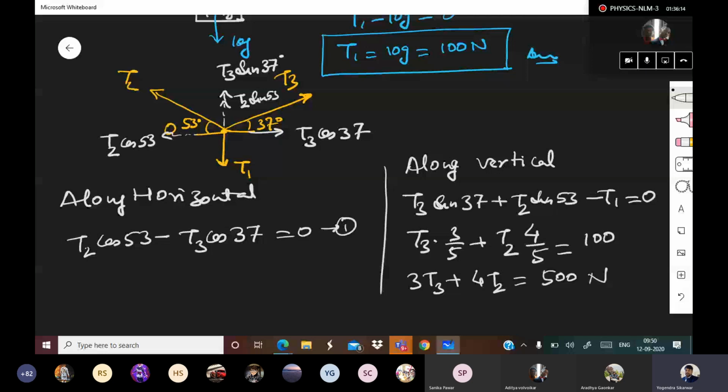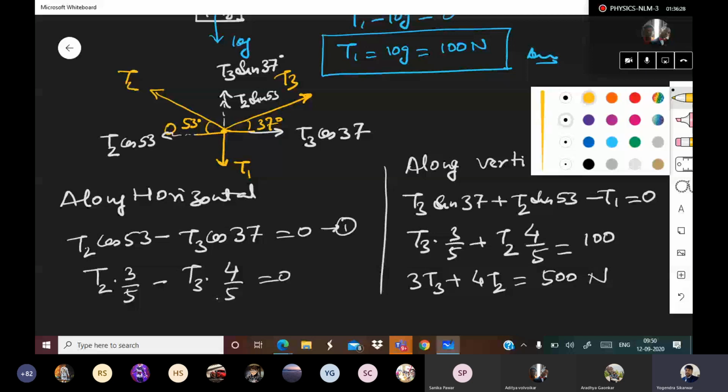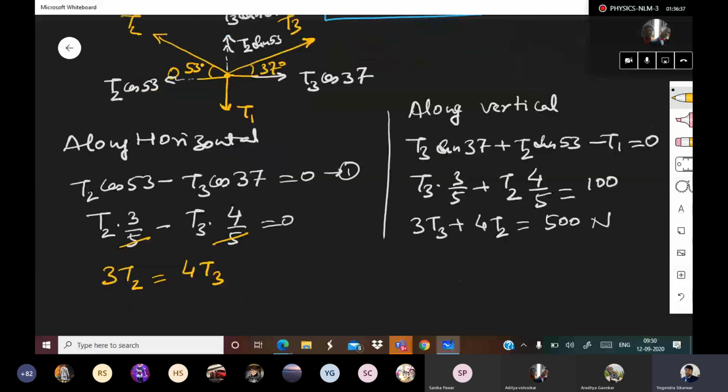Similarly, T2 cos 53 is 3 by 5 minus T3 cos 37 is 4 by 5 is equal to 0. So that gives us 3T2 is equal to 4T3.